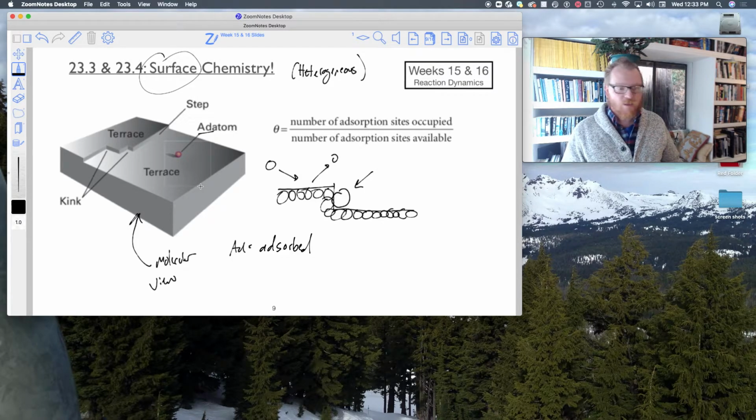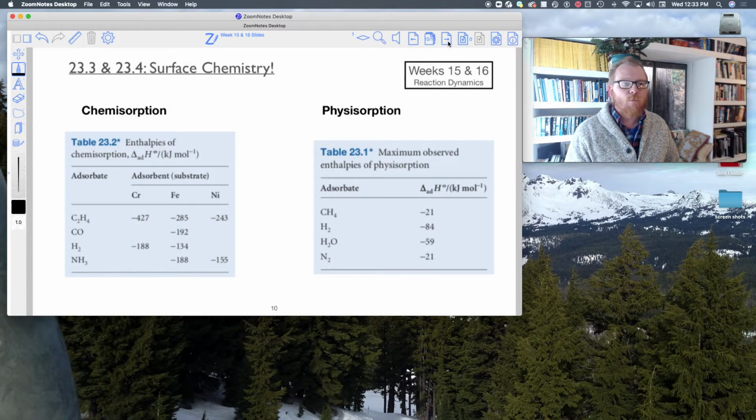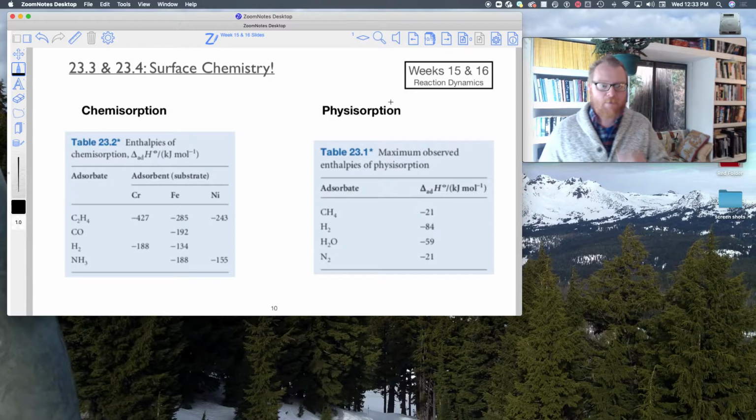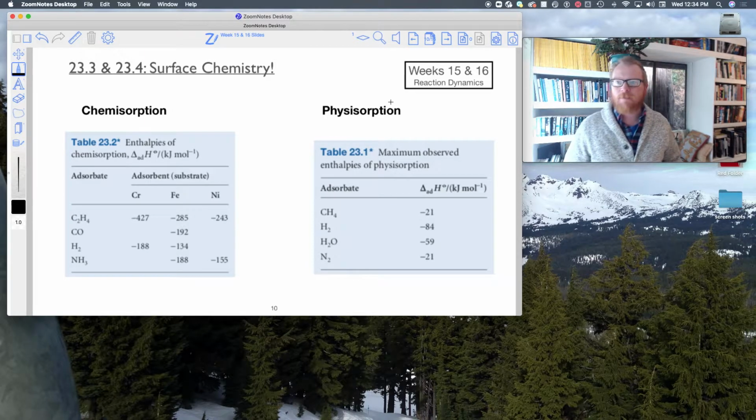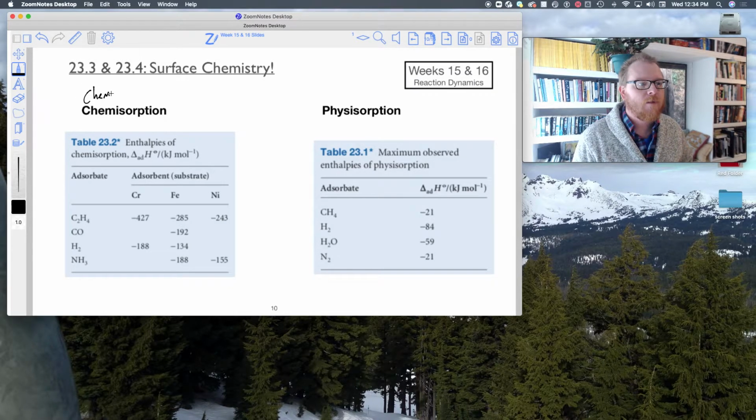Okay? So let's see here. Moving along. So there's two kinds of ways that atoms can become stuck. That's through chemisorption, which is chemical adsorption, or physisorption, which is physical adsorption. Look, I wrote adsorption. It's still even hard for me to get this straight.